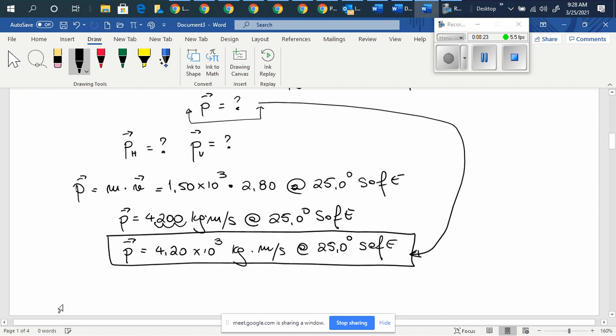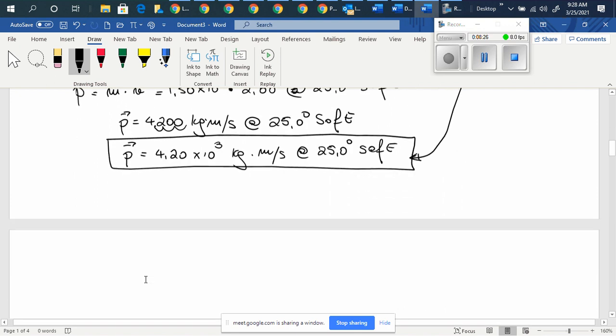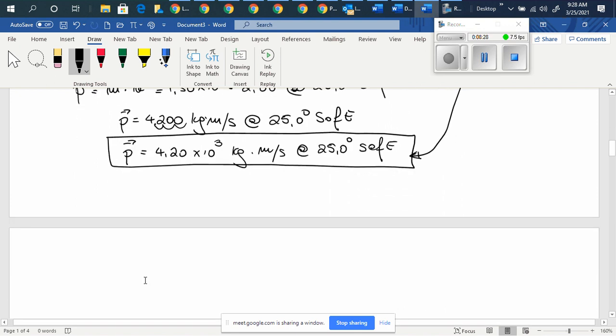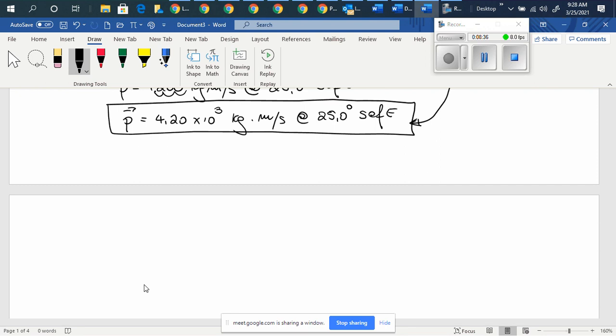And now when we are finding the horizontal and the vertical component of this, what we will do, same as in every single vector that we have worked with, this is a vector that is between south and east, and the angle with east is 25 degrees. So this is the vector P with a magnitude of 4.20 times 10 to the power of 3. And the angle here is 25 degrees.